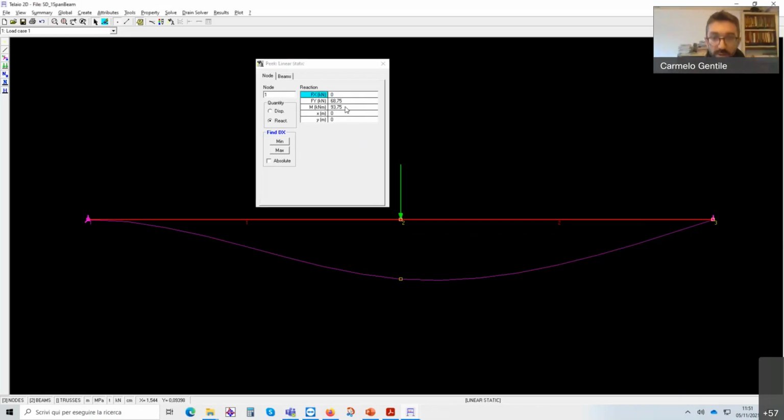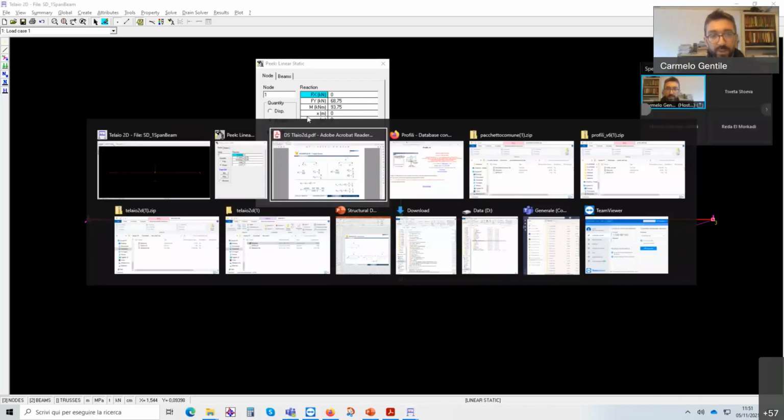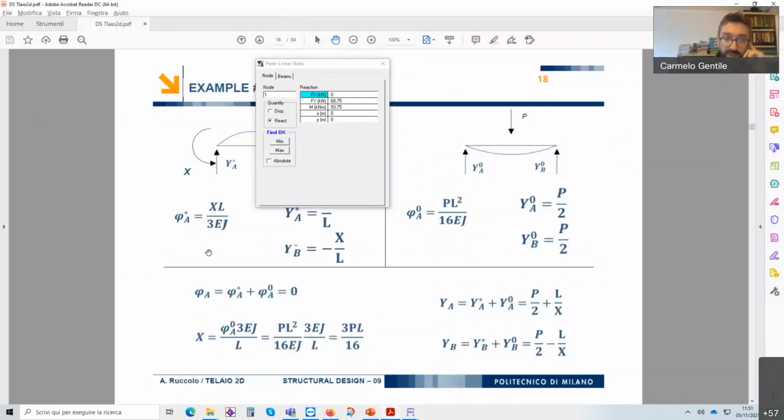It is 3PL/16. If we do the math, and we know that P is equal to 100 kilonewton, L is 5 meters, we find 93.75.